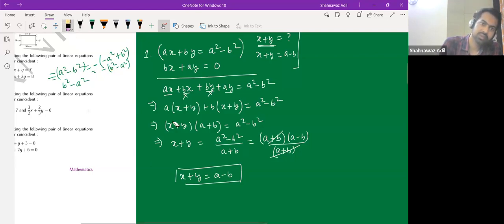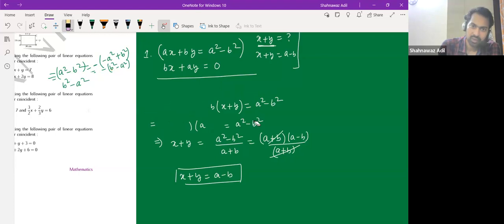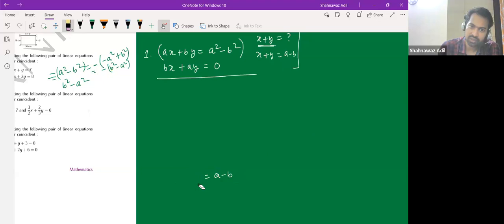Okay, so now let us do the last one. So any method you try, you will get the same answer. We can see that this is easily substituted, right? So bx is simply minus ay, so x is minus ay by b. So we can put this value in here.